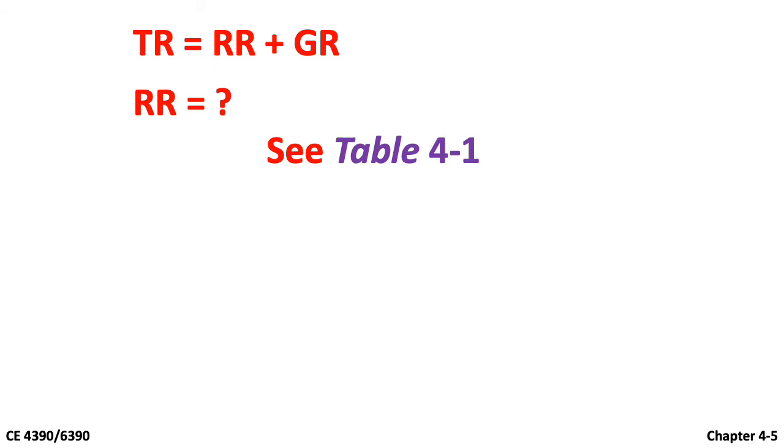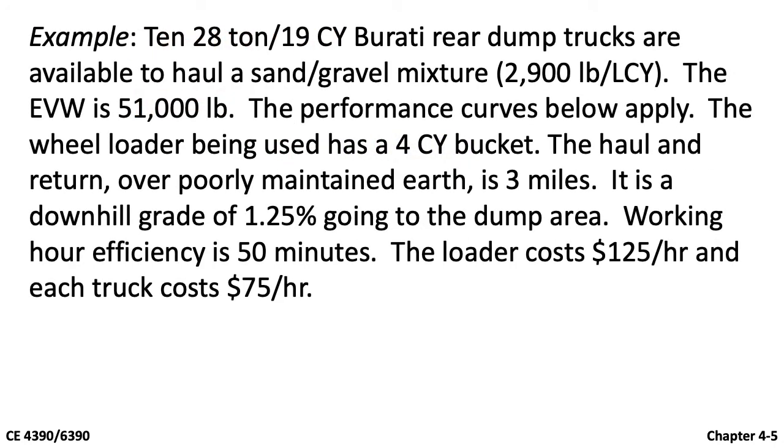So you need the total resistance and the total gross vehicle weight. Total resistance is equal to rolling resistance plus grade resistance. First let's find rolling resistance using table 4.1. To use table 4.1, you need to know the type of surface.